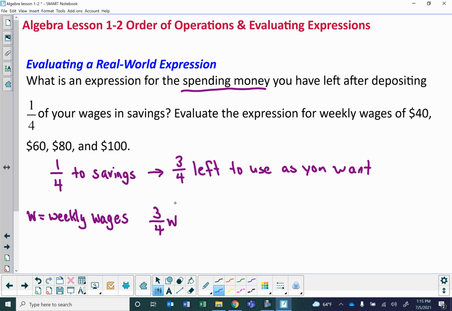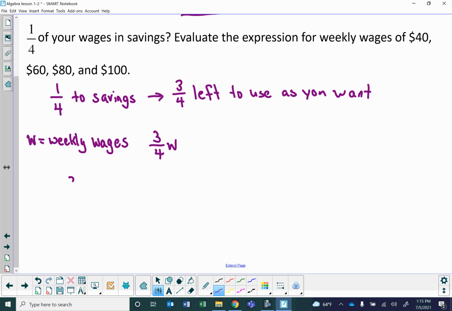So 3/4 times W. So if I make $40, I will have 3/4 times 40. And if you remember, you can cross-cancel in mathematics. I can say that, oh, look, 4 goes in itself once, it goes in 40 10 times. That means 3 times 10, I will have $30 to spend if I make $40.